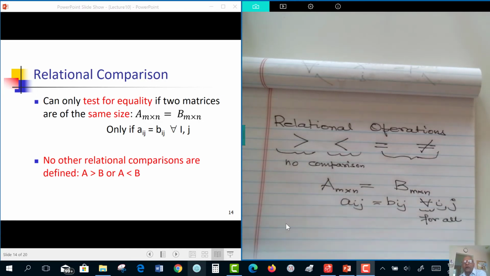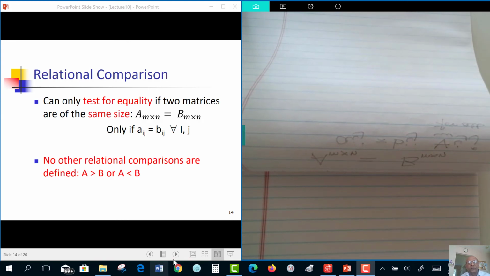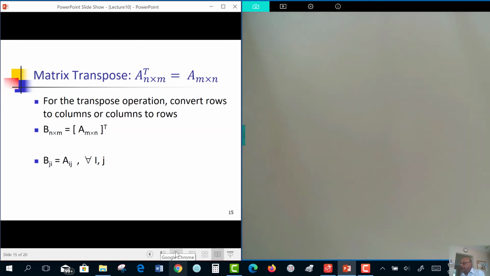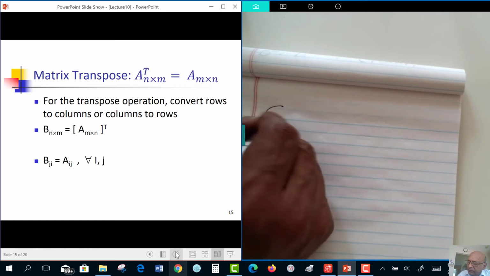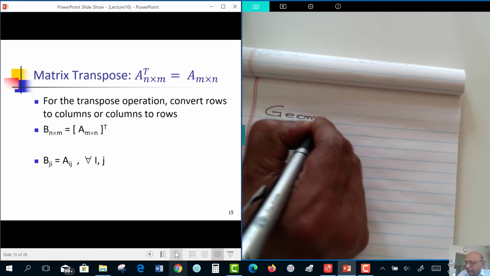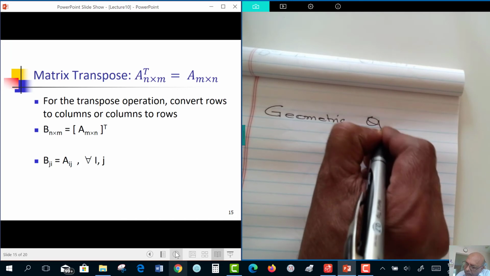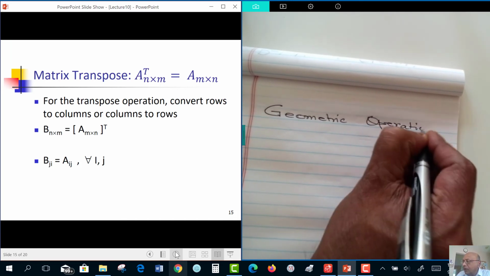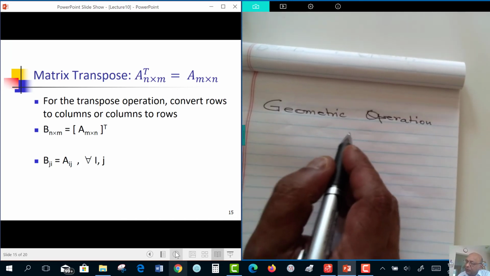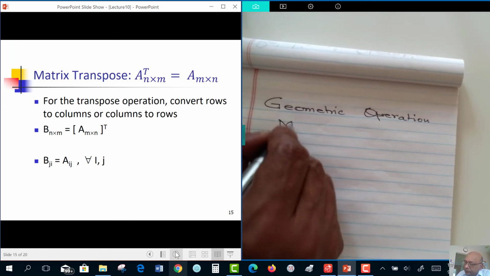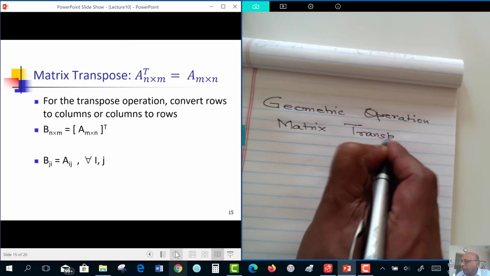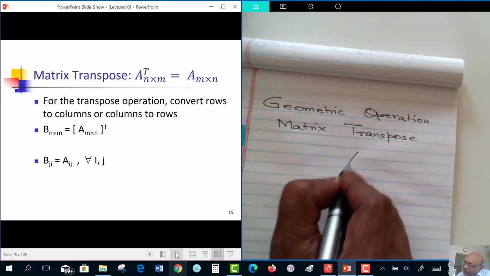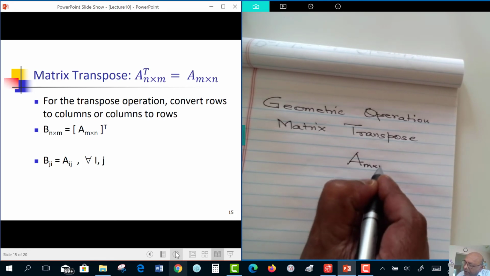Okay, let's see our last operation, which is geometric operations. So one of these is called matrix transpose. So suppose we have a matrix A m by n.